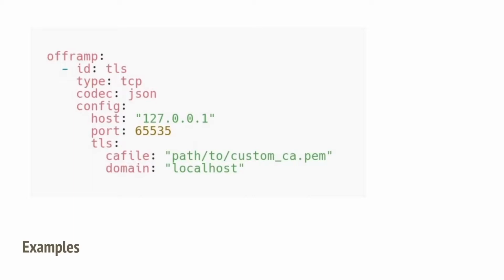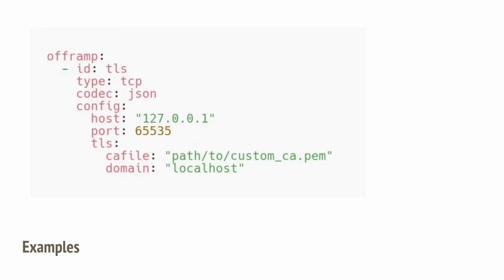It could be really useful if an IP address is used as host config, and in case domain is not provided, it will simply use host. So with this implementation, TLS support was added to TCP, and Tremor could now receive and send syslog messages via TCP also.